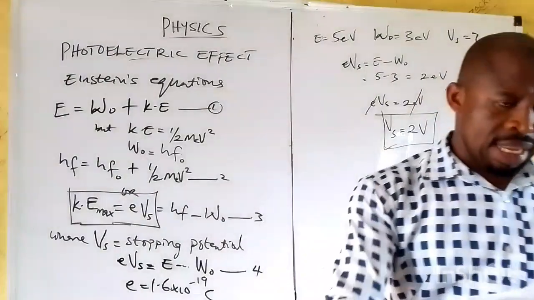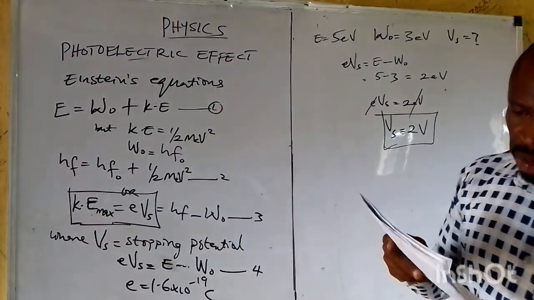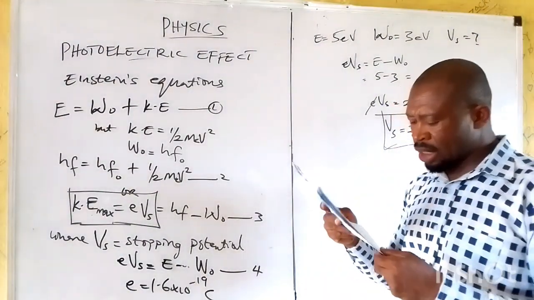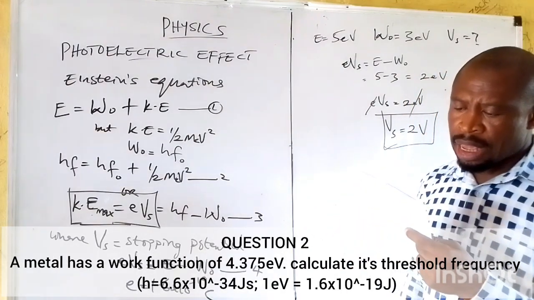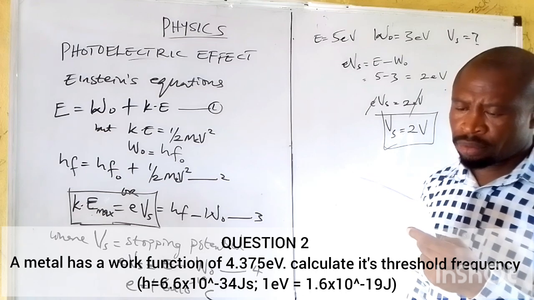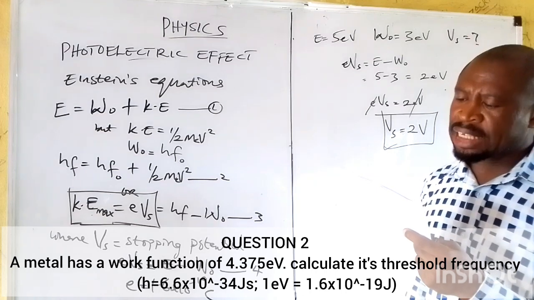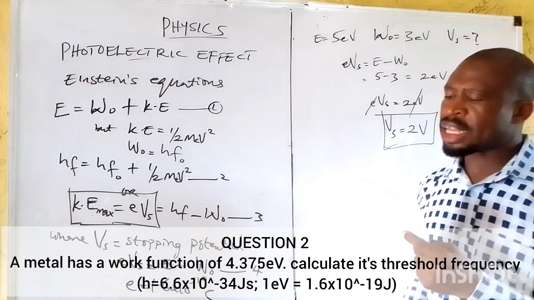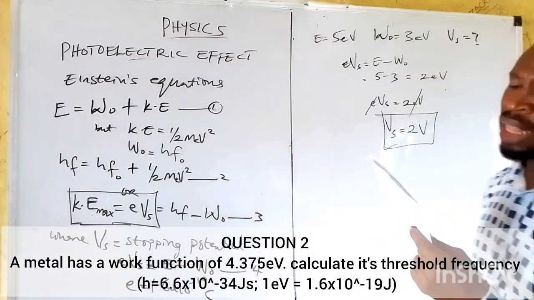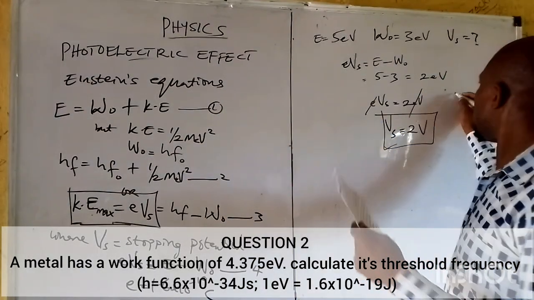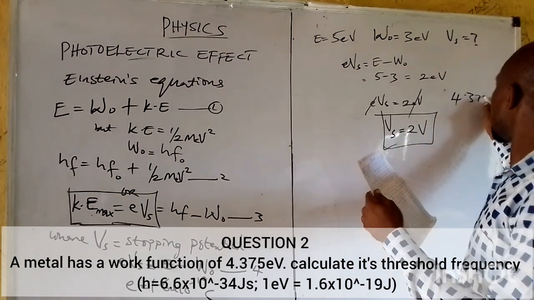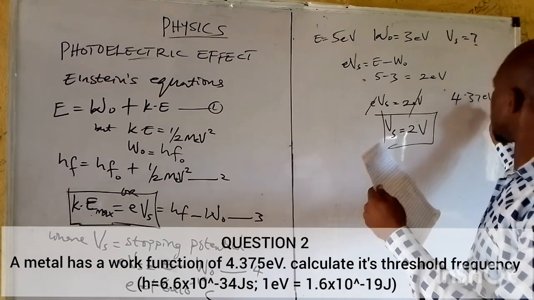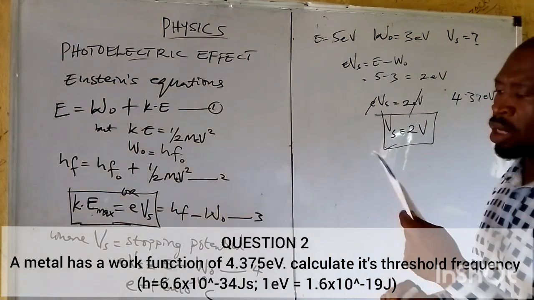Okay, we'll take the next question. A metal has a work function of 4.375 electron volts.